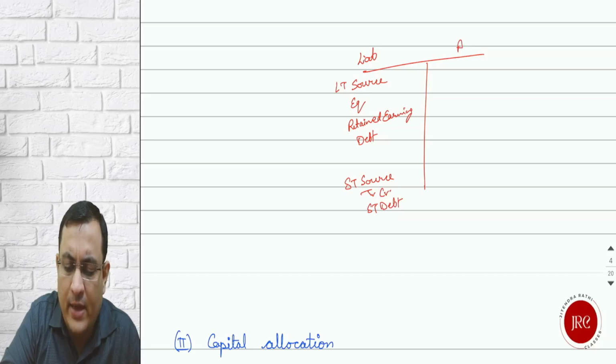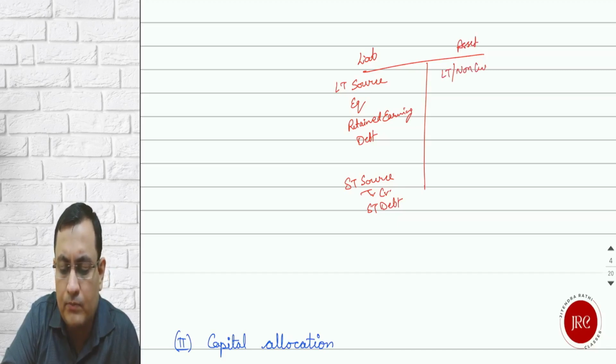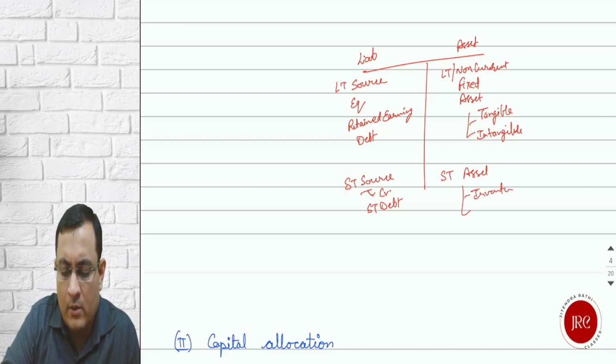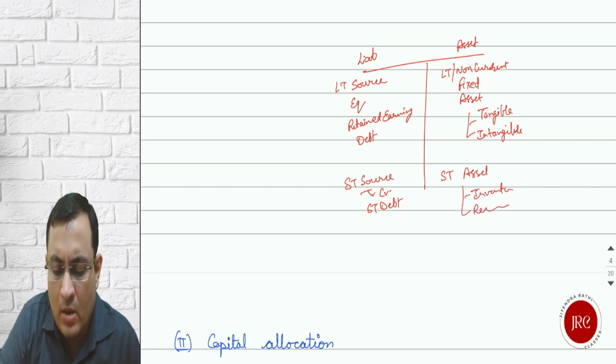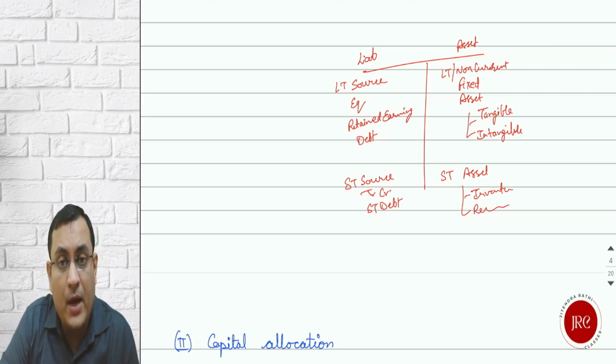On the asset side, we have two types of assets: long-term, non-current or fixed assets, which are of two categories. One can be tangible, having physical substance, and the second is intangible. And then we have short-term assets, which include inventories, receivables, etc. So these are the different parts of the balance sheet where we have to make decisions.